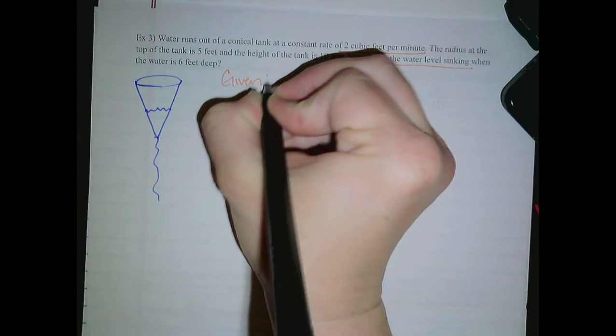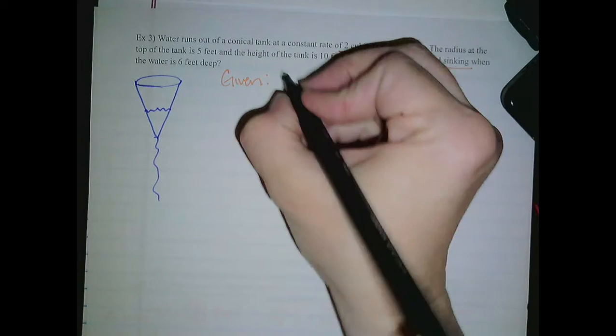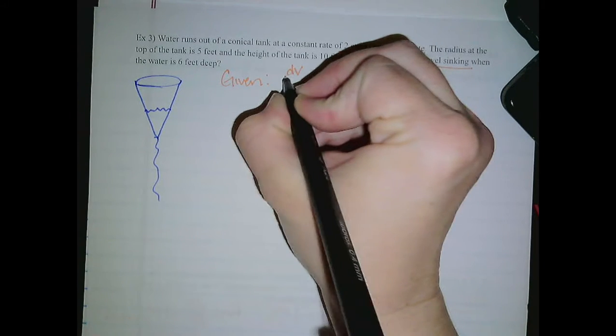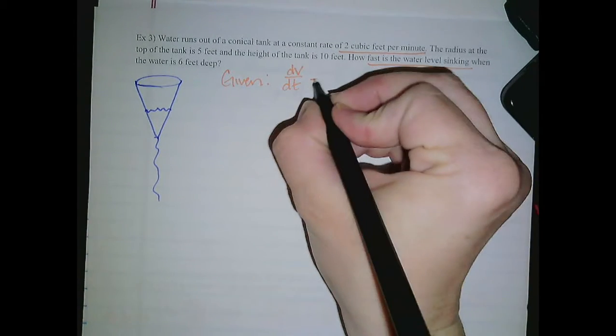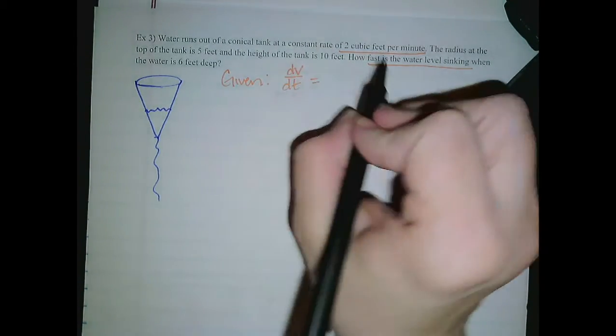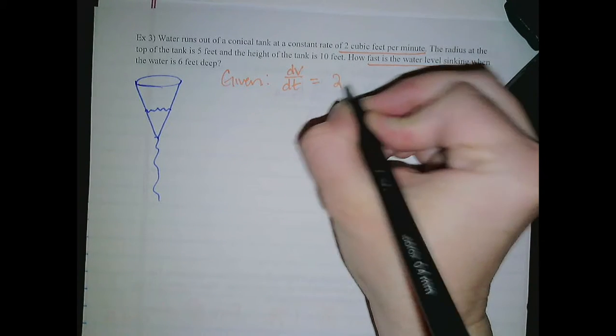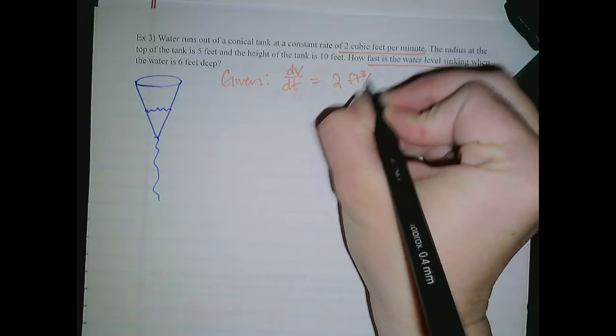So they have given us the rate of change of the volume of the water in the tank. So I'm going to call that dV dt, the rate of change of the volume of the water with respect to time. They've told us that the water is running out at a rate of 2 cubic feet per minute.